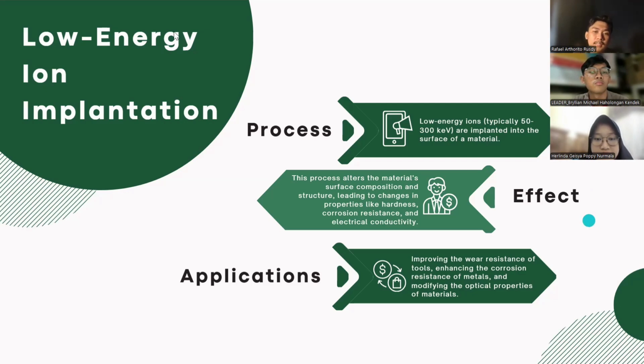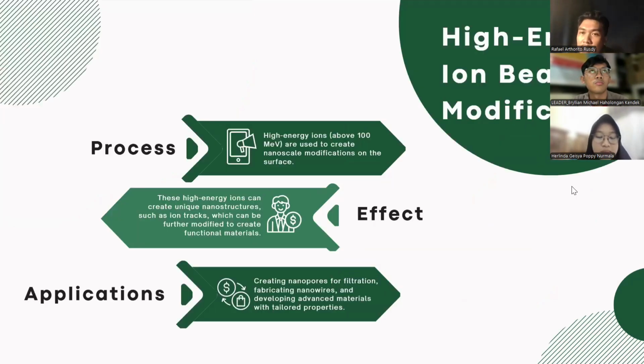And the second method is high energy ion beam modification. From the name, we can know that this process uses high energy ions, above around 100 MeV, mega electron volts, to create nanoscale modification on the surface.